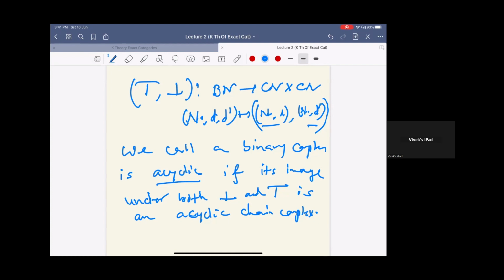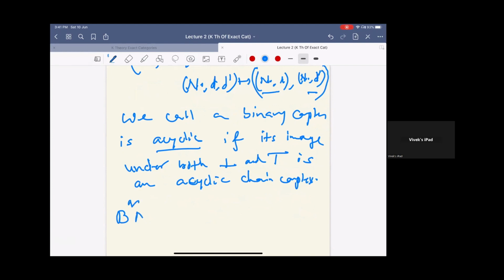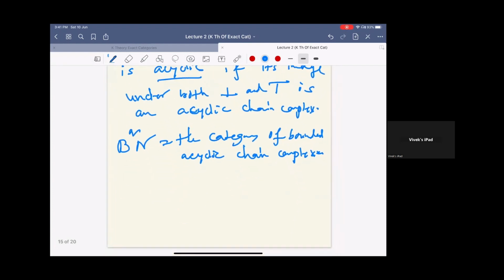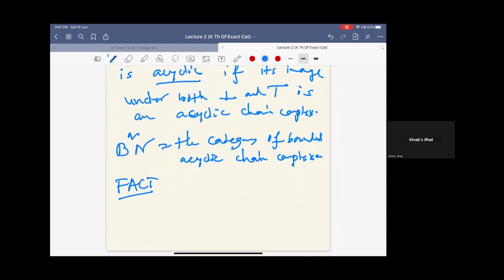All right. So in similar fashion, you can define BQn, the category of bounded acyclic binary chain complexes. Now here is a fact: again, Bn and BQn both are exact categories.